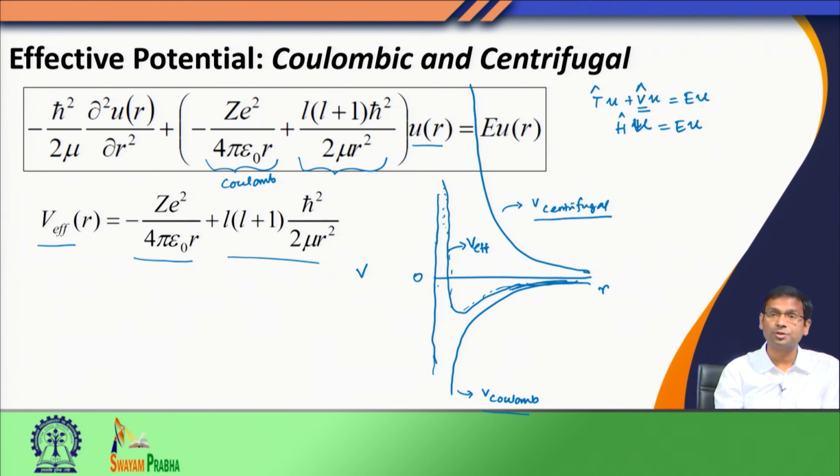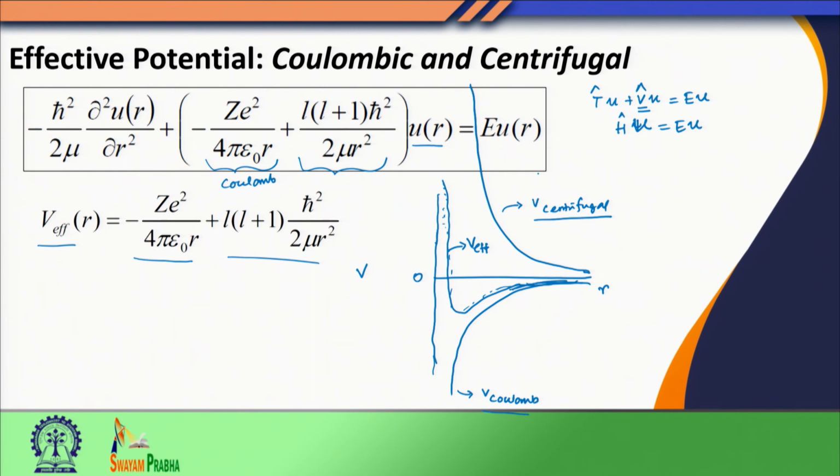So, when r becomes very small, that means the electron comes very close to the nucleus. Of course, the Coulombic interaction term would encourage the electron to come and crash onto the nucleus, but this centrifugal potential would forbid that. Since the electron is orbiting around the nucleus, it will have a net angular momentum, and this angular momentum would act as a centrifugal force that will take this electron away from the nucleus.